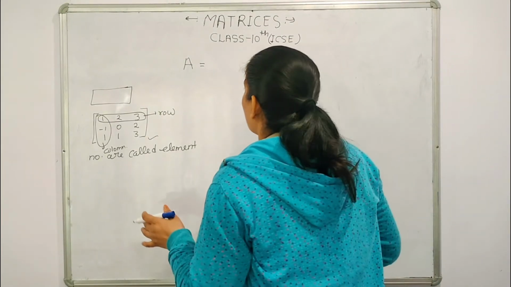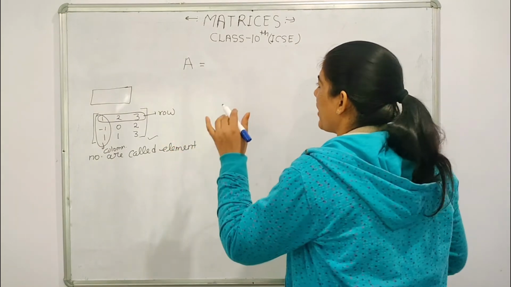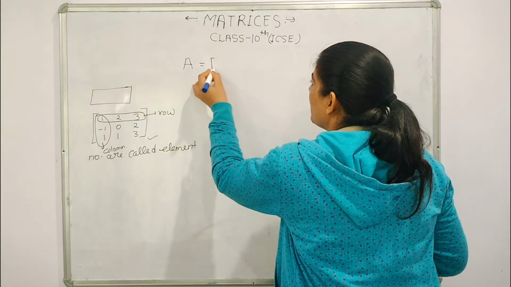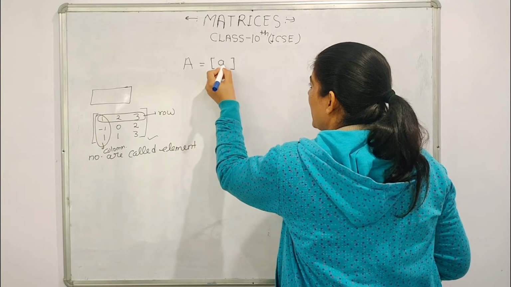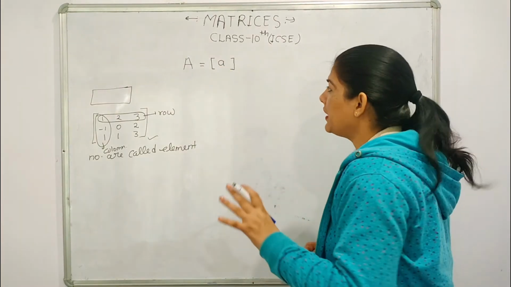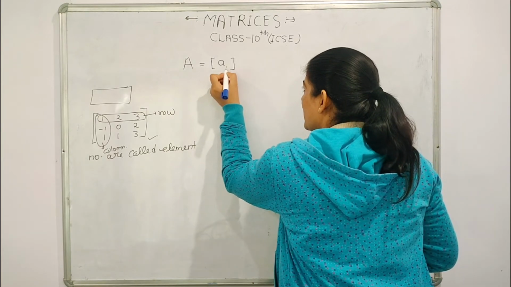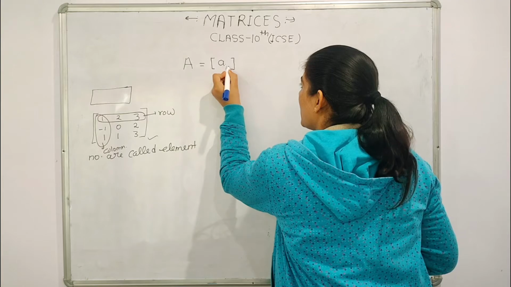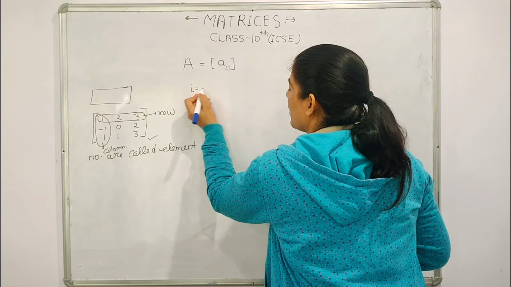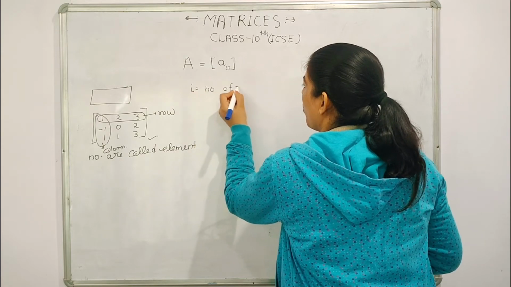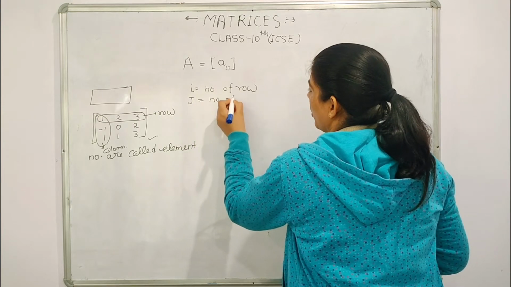If you talk about the general representation of a matrix, you will write it within brackets, and the elements are generally denoted by a small alphabet. Suppose these are a, and to the suffix we apply i and j, where i shows the row number and j shows the column number.